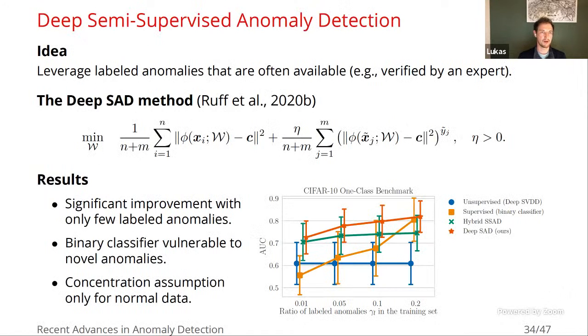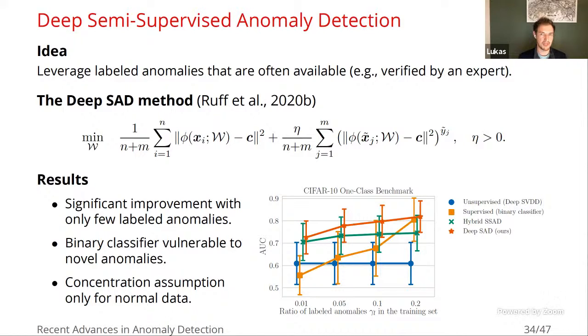One idea we've been working on is to formulate a model for the general semi-supervised anomaly detection setting, so where we also have some labeled anomalies available. And so in the literature, a lot of methods that are termed semi-supervised, they consider the case of unlabeled and positively labeled data.